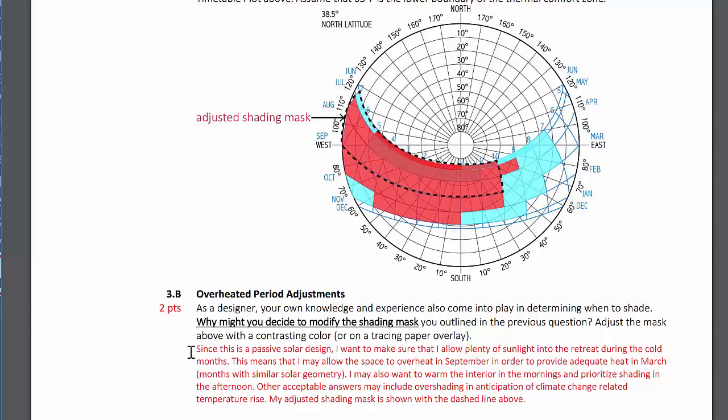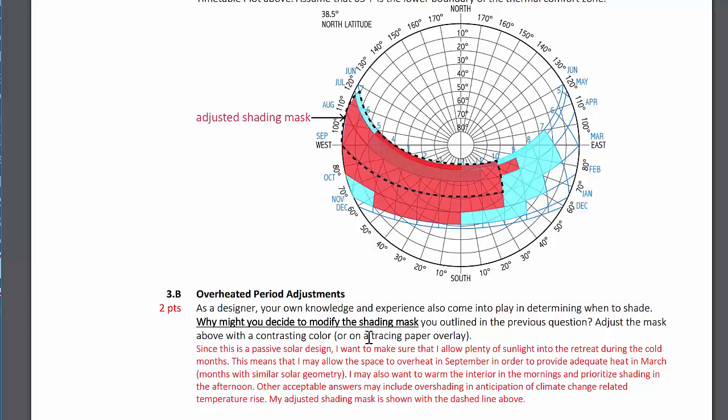So you could have said a lot of things. You could have said, since it's passive solar, you want to actually scale back this mask because you can see that we're shading in January and we're shading in February, so we want to scale it back. You could have also gone the opposite direction and said, I'm concerned about global warming. I want to make sure this building doesn't get too hot, so I'm going to scale it up.